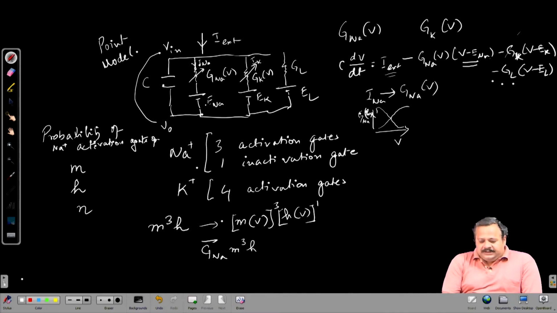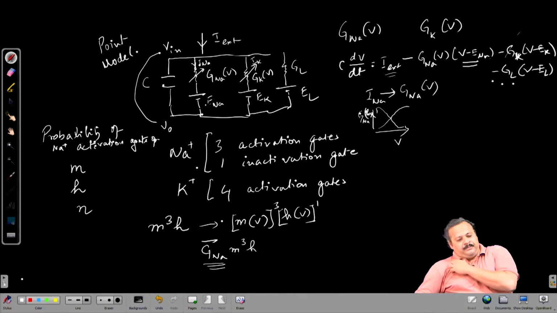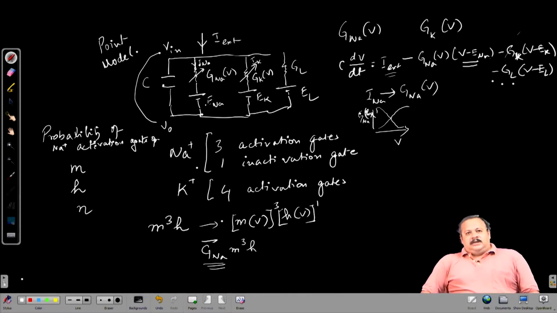GNA bar is the conductance of all the sodium channels put together, and M cubed H is the probability of each of those channels being open.